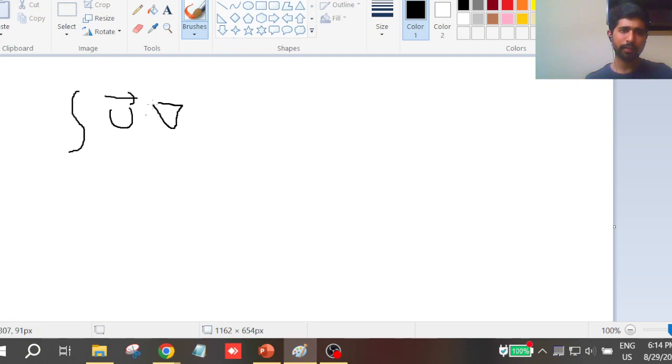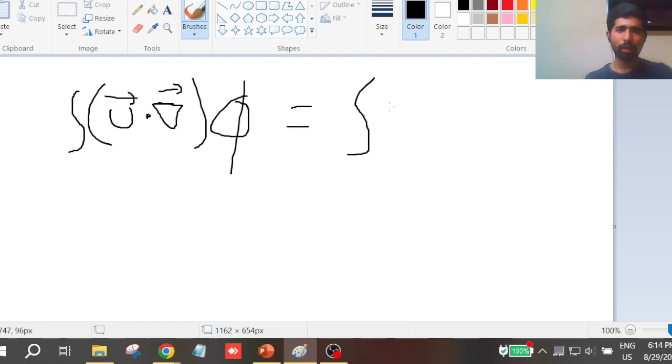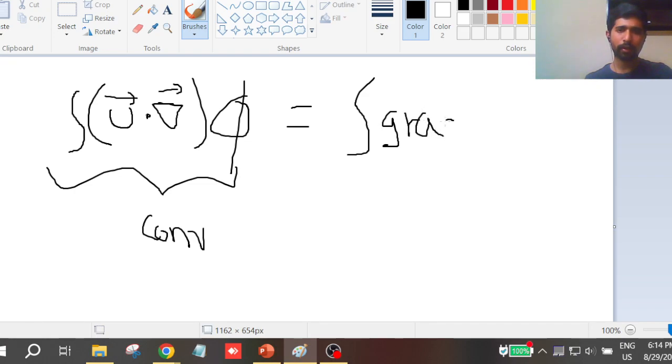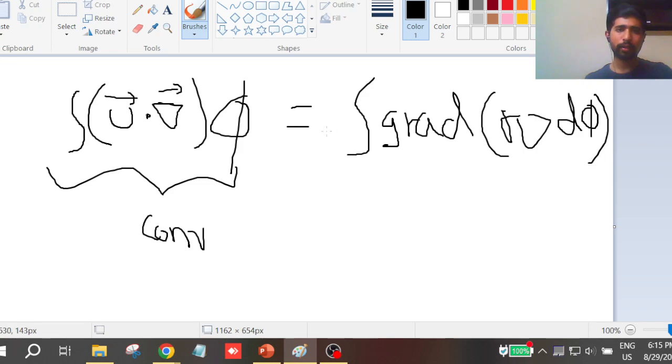Usually it is called convection also, but there is actually a fine difference between advection and convection. This is the convection part, and then you have the grad of rho divergence phi. These are volume integrals, both dV.